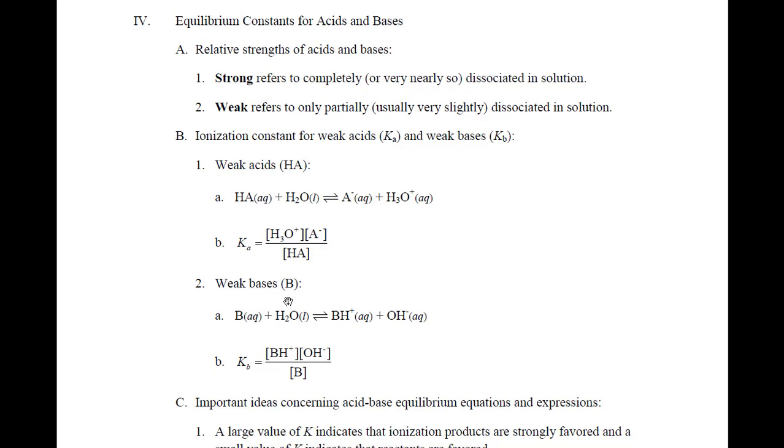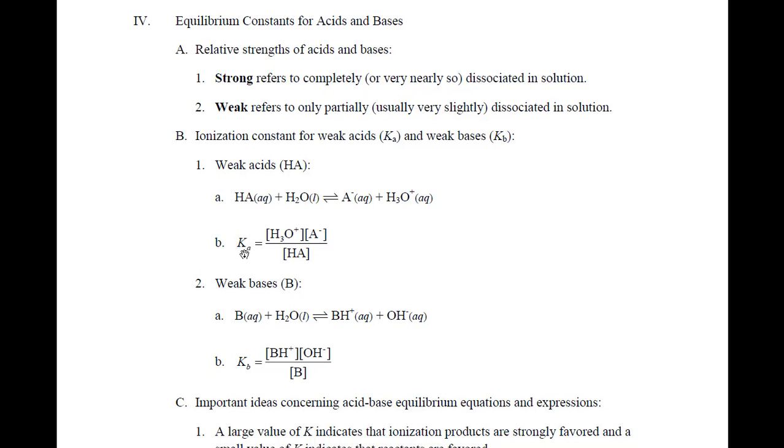The biggest feature here, and I really need you guys to pay attention to this, is that when you write an equation for any reaction that we do here in the class, for this weak acid, weak base topic anyway, if your equation generates hydronium as a product, you must use a Ka expression and value.